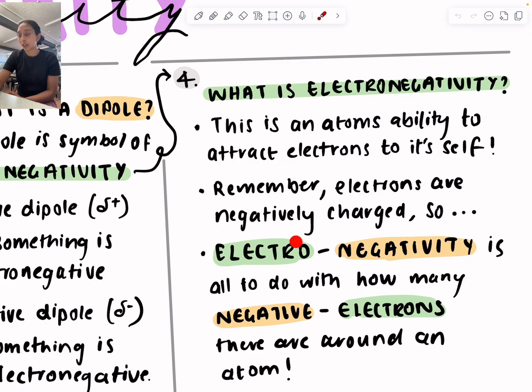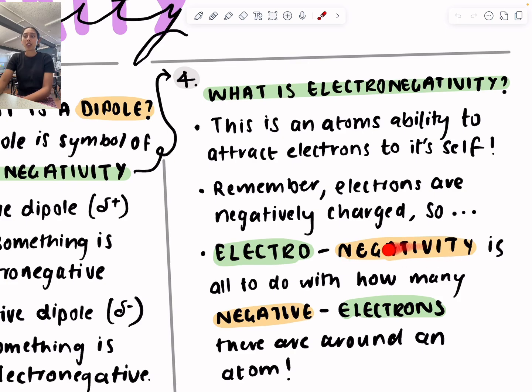And as you can see, I've kind of highlighted here that electrons are negatively charged. And so in order to attract negative electrons, it's the positive protons within the atom that is actually drawing in the negatively charged electrons because opposites attract. So electronegativity, electro will stand for electrons, and negativity is the fact that electrons are negatively charged.